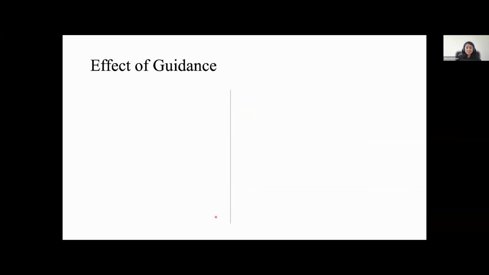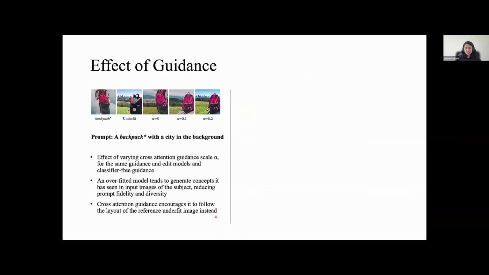Now let's look into the effect of this cross-attention guidance. Basically, an overfitted model, as we saw, tends to generate concepts that it originally saw in the input training images. So if we don't do anything, we will generate an image like this with the woman from one of the input images.